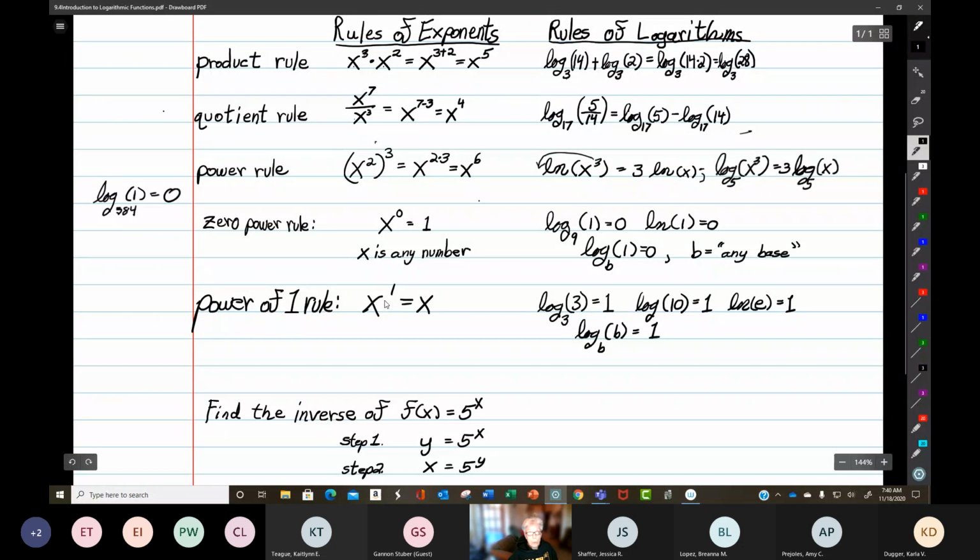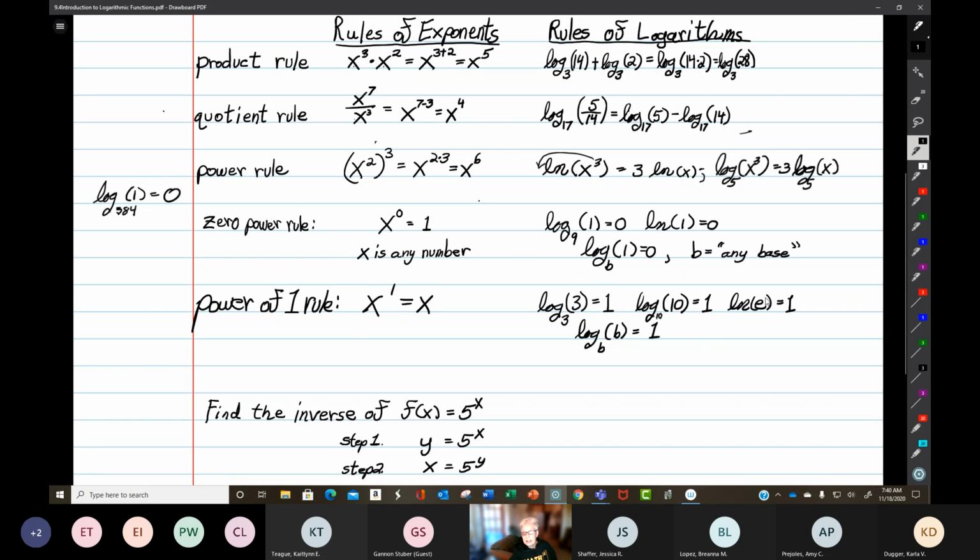Now the power rule of 1, here it is. Log base 3 of 3 is 1. Log 10 is really log base 10, but again, we don't write it. Log base 10 of 10 is 1.